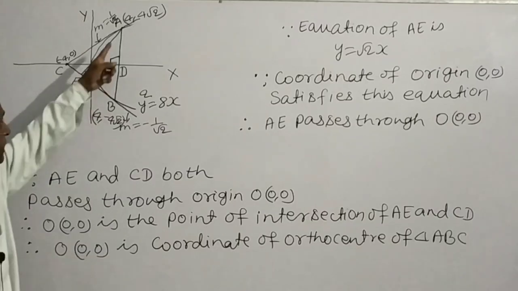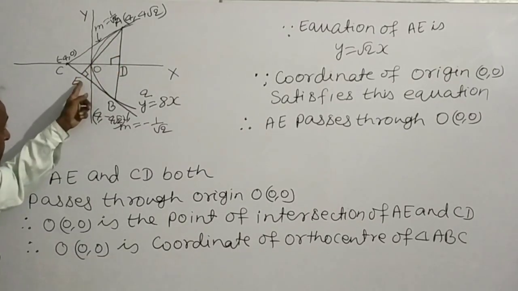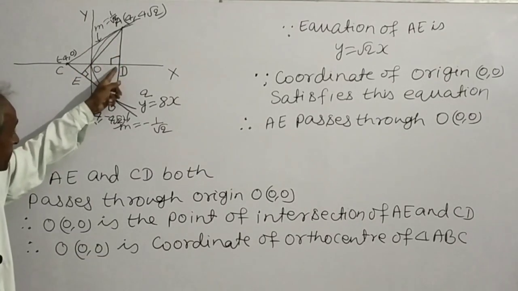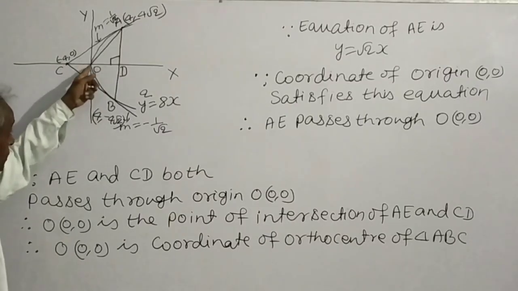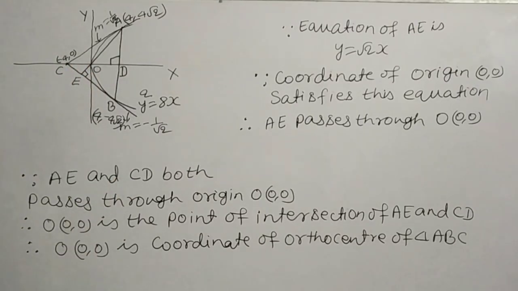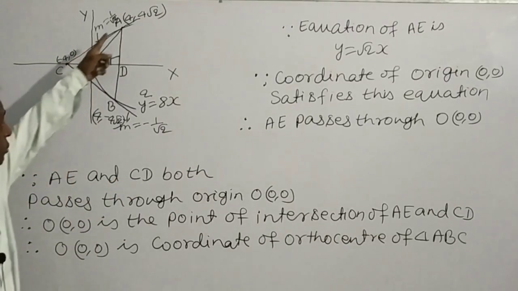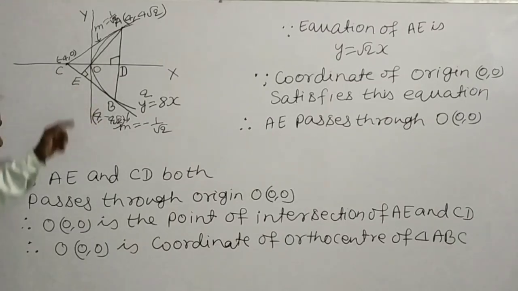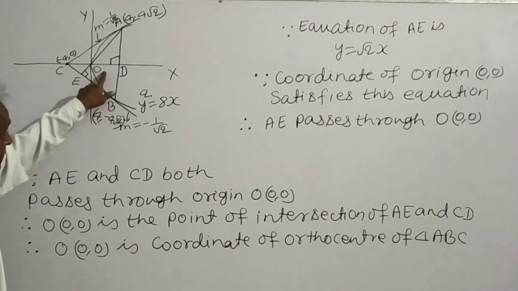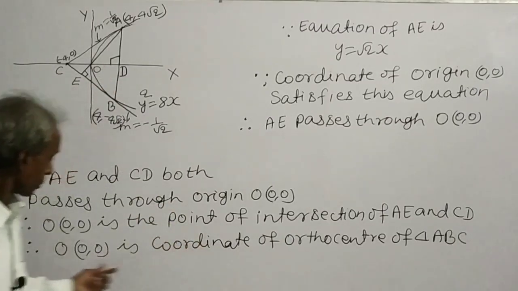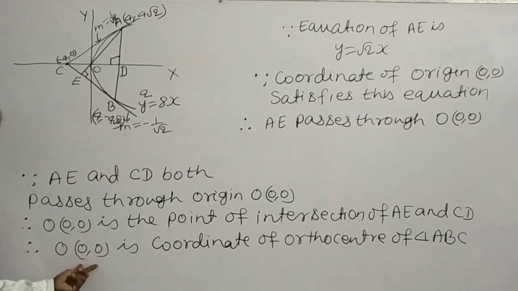That means the point of intersection of AE and CD is the origin. Therefore, the orthocenter of triangle ABC will be the origin, whose coordinate is 0, 0.